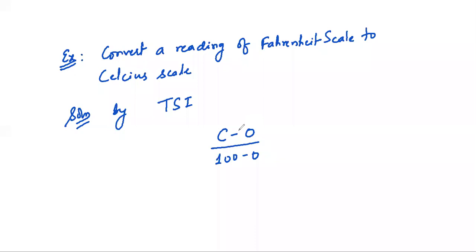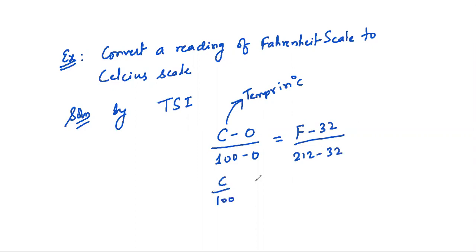So according to that, this is the temperature which we are measuring in Celsius. So temperature in degrees Celsius minus the ice point divided by steam point minus ice point is equal to degree Fahrenheit minus ice point divided by steam point minus ice point. So we'll use this to convert. So we'll get C by 100 is equal to F minus 32 by 180. Okay.